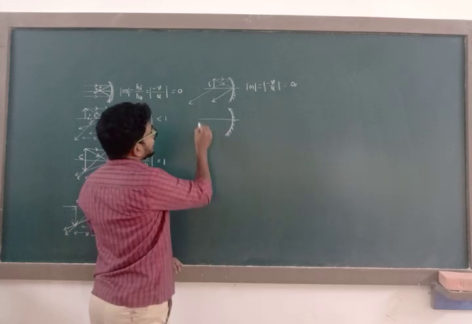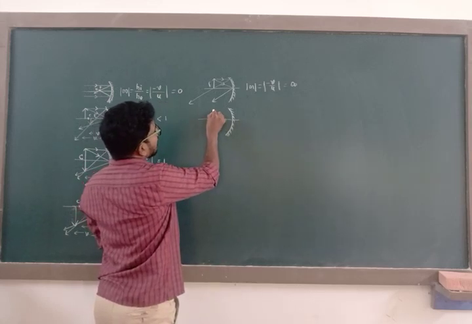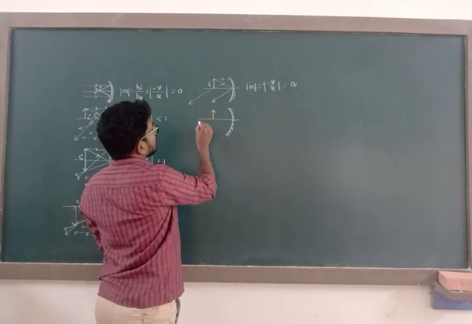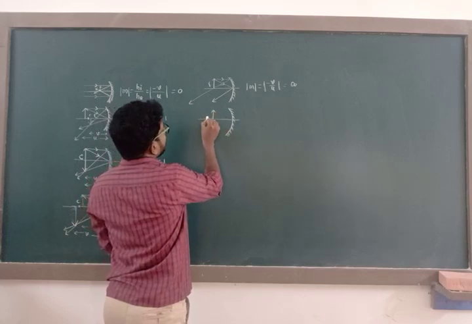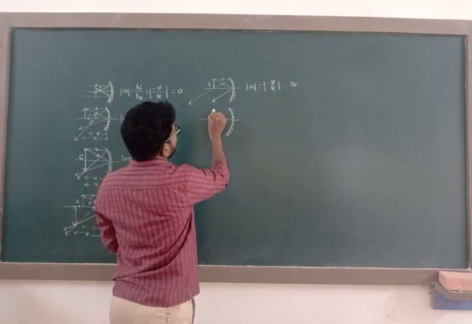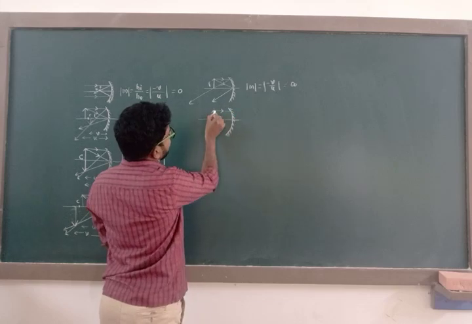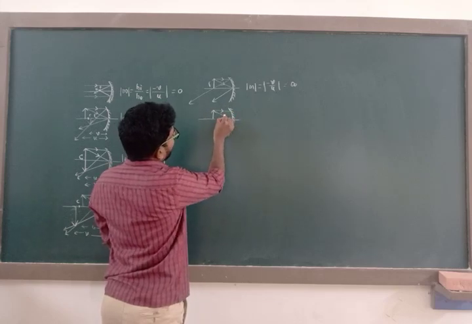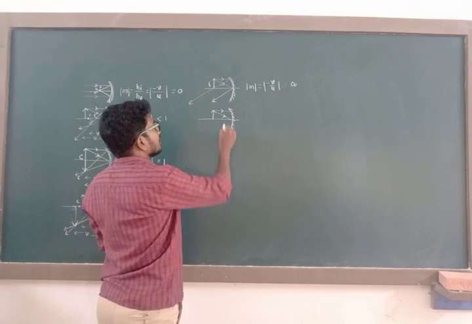When an object lies between the principal focus and pole, let us say this point is principal focus, incident light ray parallel to the principal axis, incident light ray obliquely to the principal axis.